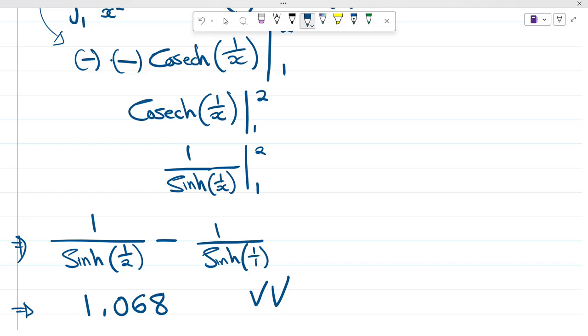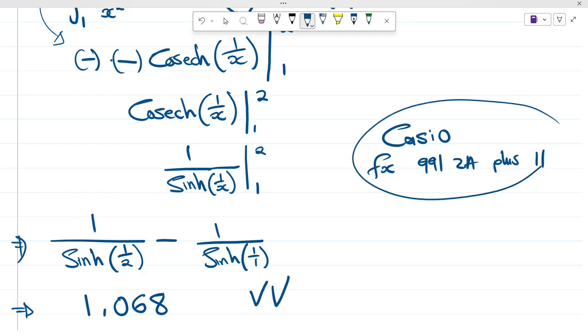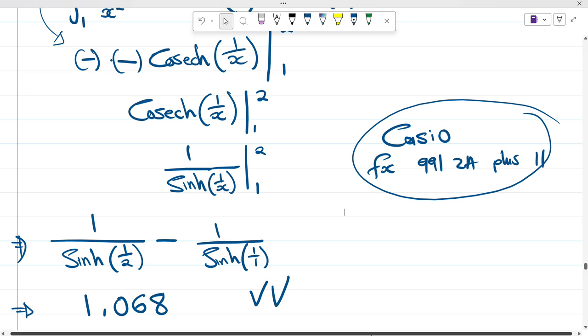If you are using the fx-991ZA Plus 2, yeah, if you're using this calculator, then you should be able to find HYP there. If you press that HYP, it will give you options of hyperbolic functions. Then you'll press them there. So yeah, that's how you get to this answer that I have there.